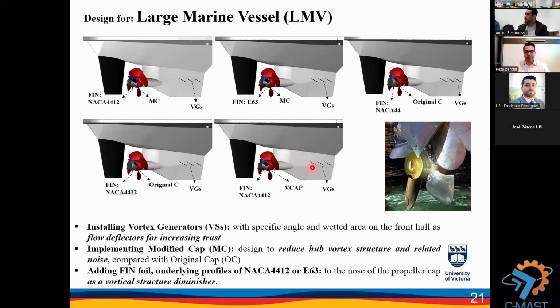As I mentioned in the previous slide, the modified divergence cap pattern reduces the hub vortex generated and also the related noise. And the fins installed over the boost cap fin, with these two patterns, are useful as a vortex structure diminisher.